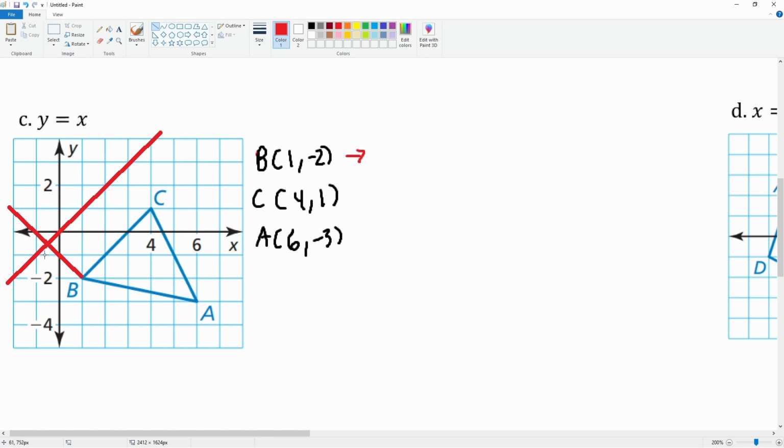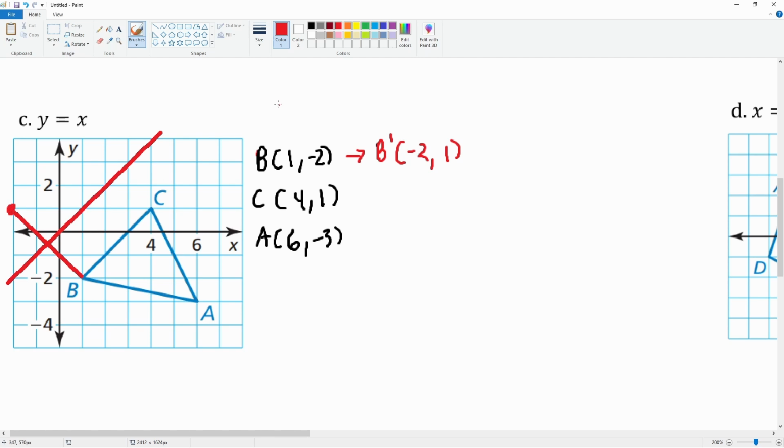So then it's probably going to be the same thing here, right? So B prime is going to be -2, 1, right? -2, 1 is right here.